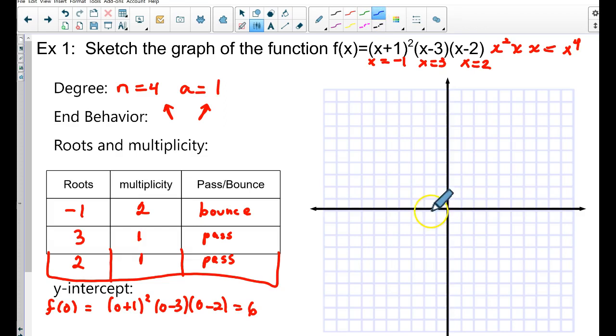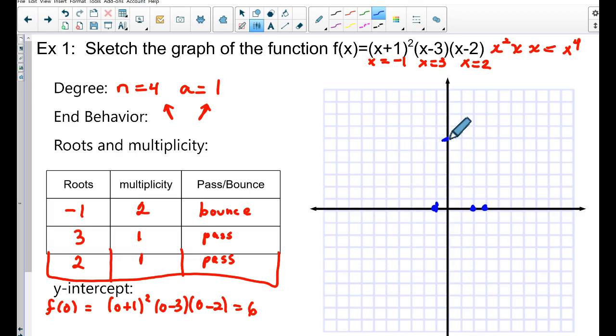So we're going to graph a root at -1 and at 3 and at 2. And at 6, we know we have the y-intercept. So 1, 2, 3, 4, 5, 6.